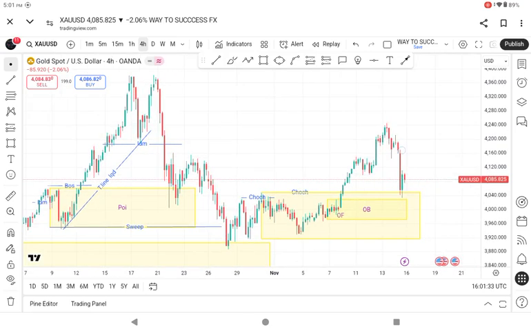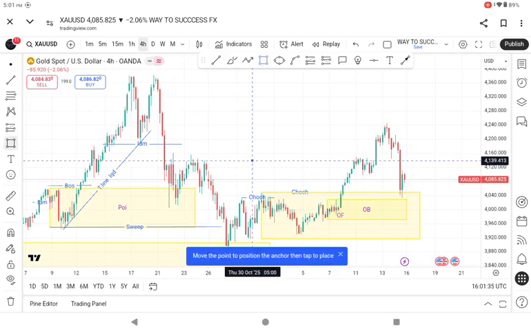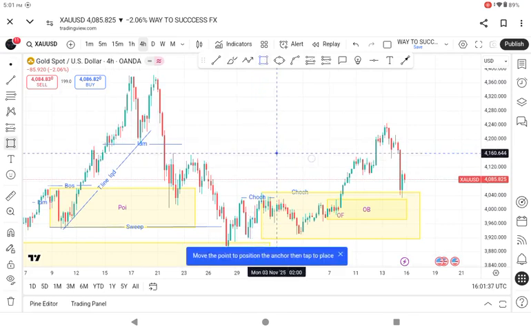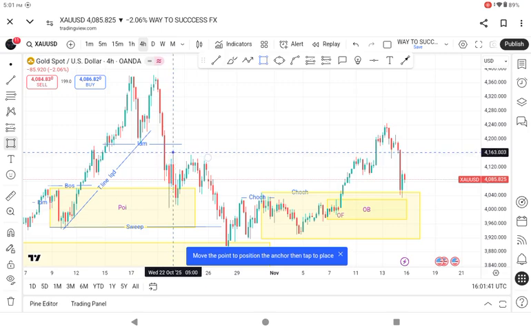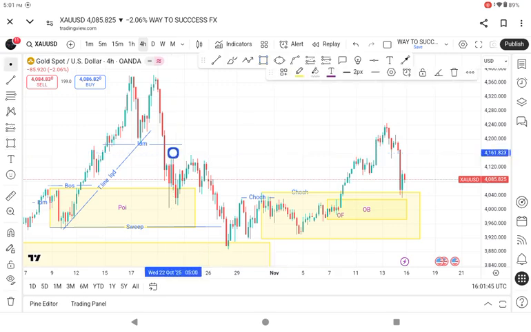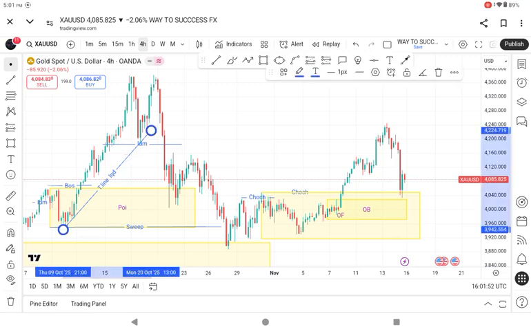So price traded up, taking out what we have here. We have another trend line liquidity at this level.